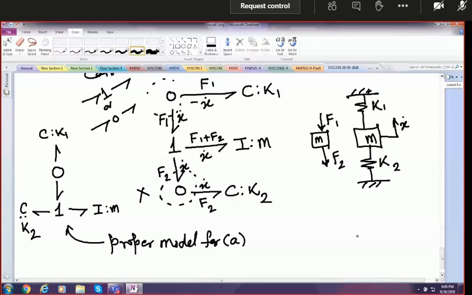As per our convention, tension is positive. So F2 will go like this and F1 will go up.